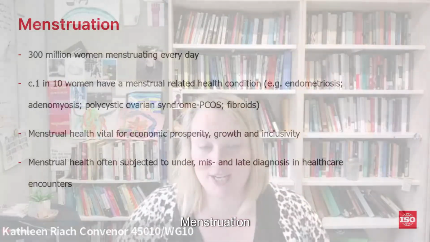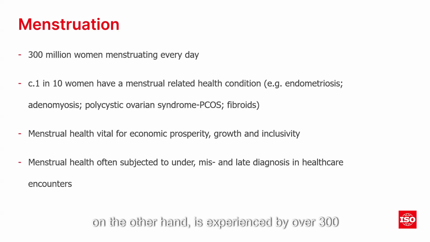If we go to the next slide, menstruation, on the other hand, is experienced by over 300 million women every day. We know roughly, in terms of a broad, general ballpark, that around 1 in 10 women have a menstrual-related health condition. That can be, for example, PCOS, fibroids, or endometriosis.